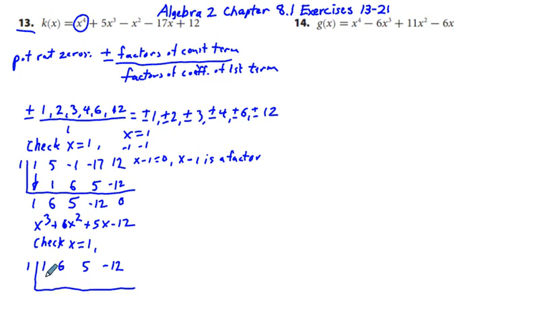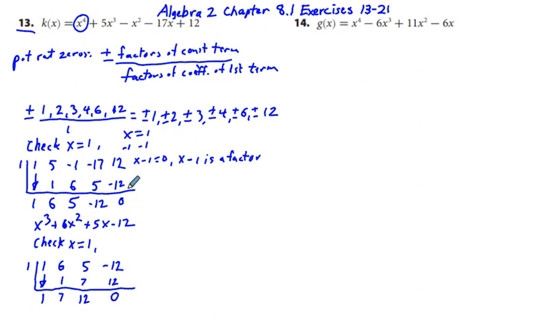And so bringing down the 1, then 1 times 1 is 1, 6 plus 1 is 7, 1 times 7 is 7, 5 plus 7 is 12, 1 times 12 is 12, 0.